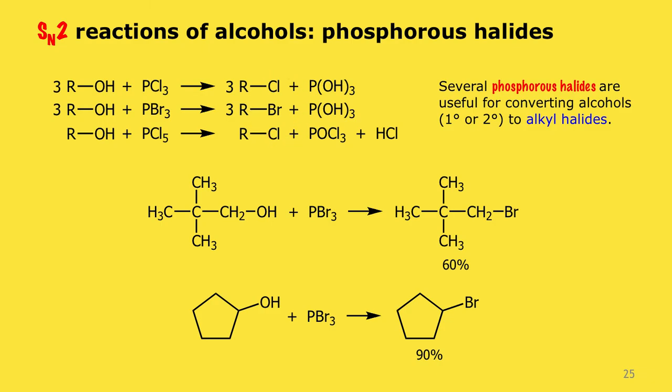And again, this reaction occurs because there's ultimately a good leaving group produced. These all produce phosphorus byproducts. They're pretty simple reactions to carry out in the laboratory. They're easy to purify. And here's two examples from the literature, a primary alcohol here, a secondary alcohol there, that undergo this transformation.